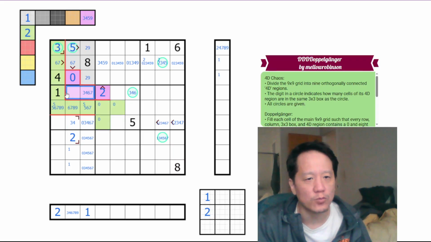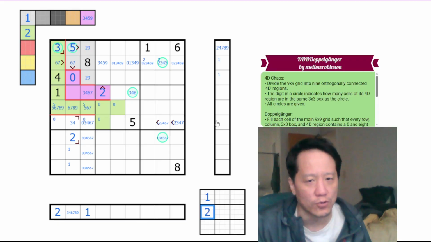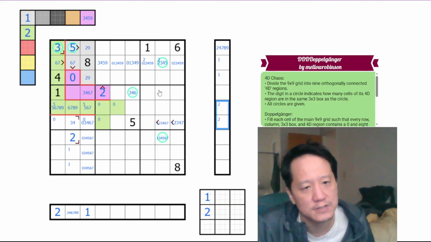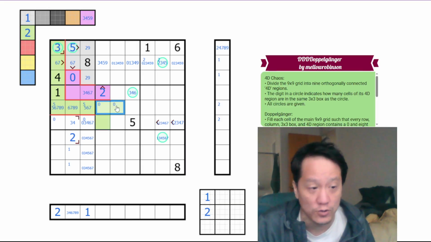And therefore, where is the 0 in box 4? It must be one of these two cells. Well, since 2 is missing in box 4, we're missing it in rows 4 through 6. And obviously, we're not missing it in row 4, so it must be missing in 5 or 6. Well, the 0's here means this can't be 0, which means one of these two is 0 for the green.